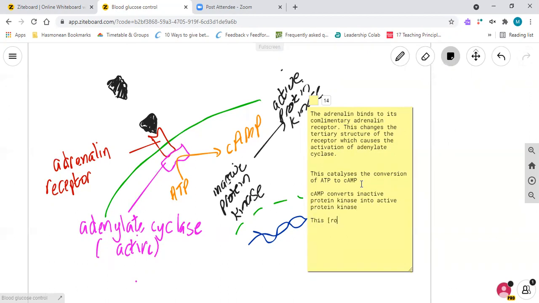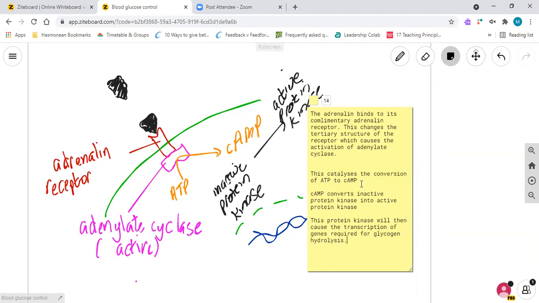And then this protein kinase will then cause the transcription of genes required for glycogen hydrolysis.